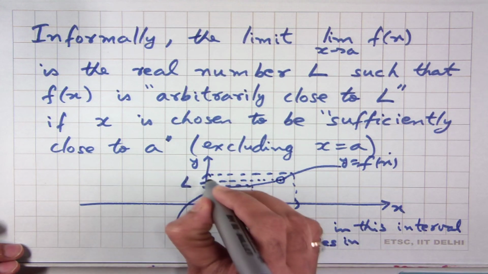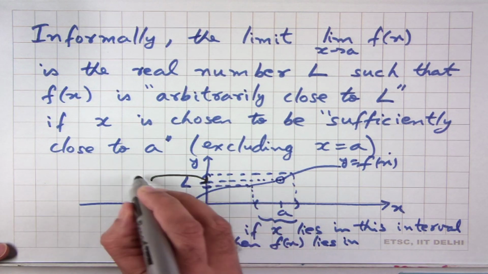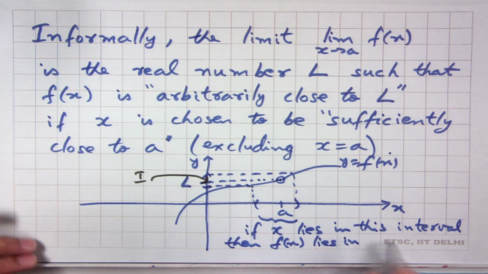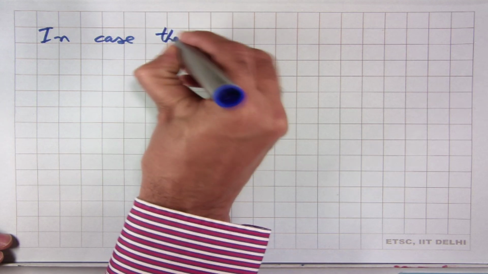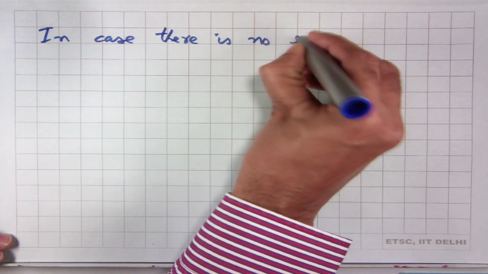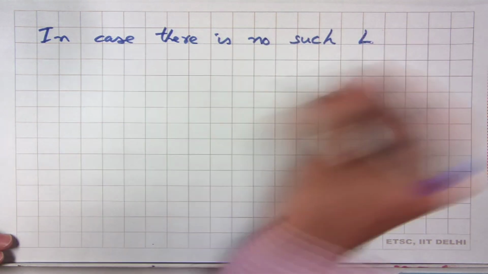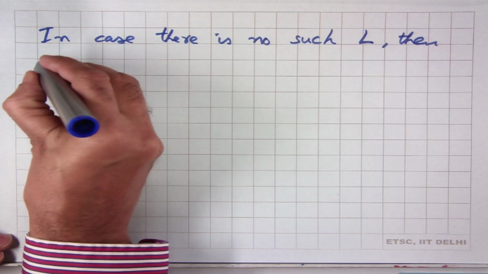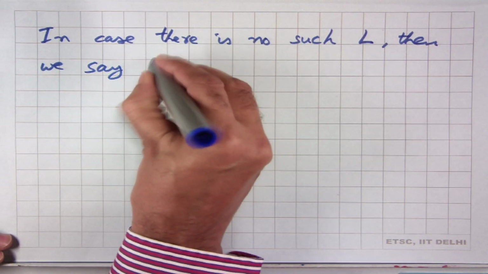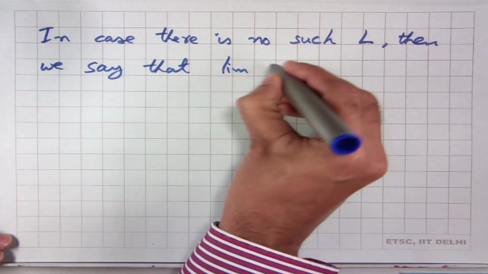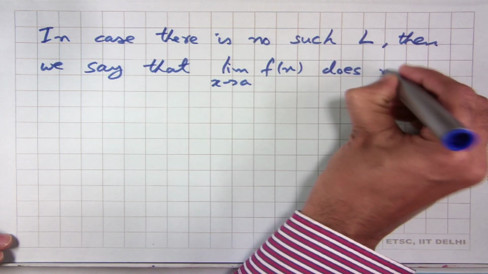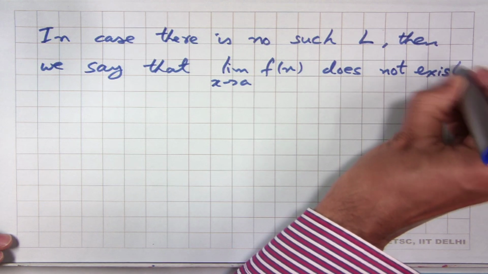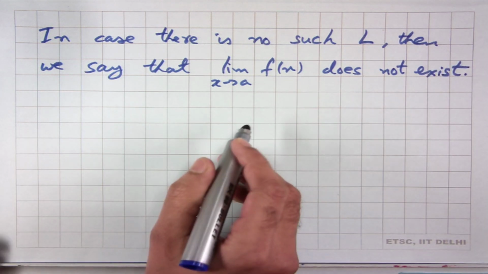Let me call this interval I. So, f of x lies in the interval I. In case there is no such L, then we say that the limit of f of x as x tends to a does not exist. And if there is such an L, then we will say that the limit is equal to L.